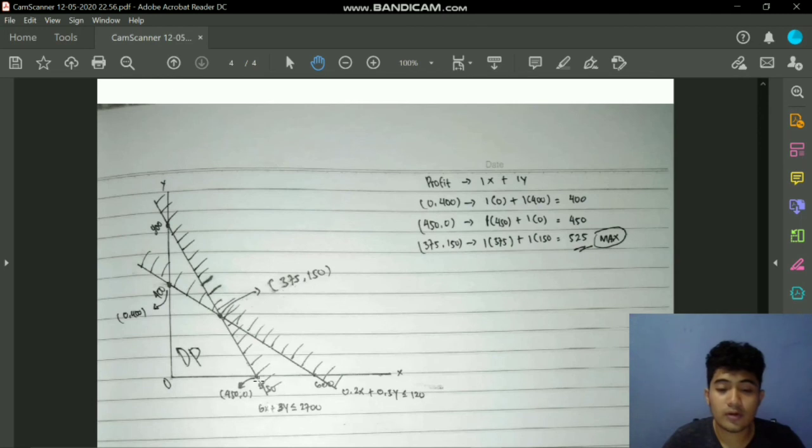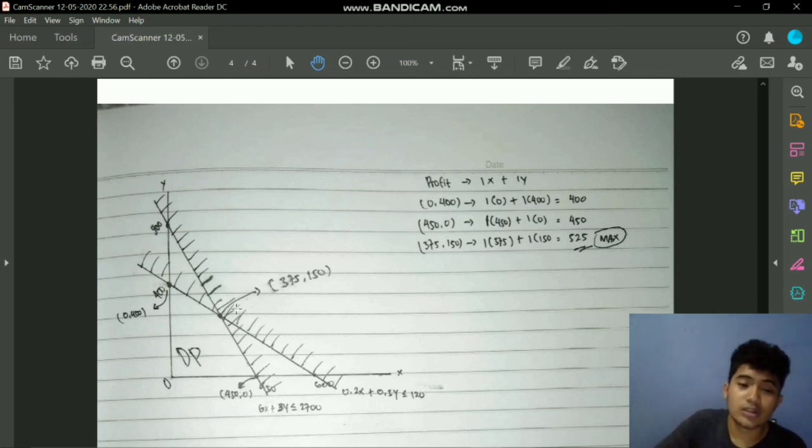450 for x and 900 for y is for 6x plus 3y less than or equal to 2700, and 600 and 400 is from 0.2x plus 0.3y less than or equal to 120.